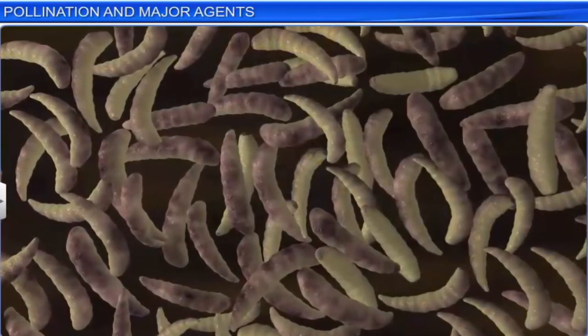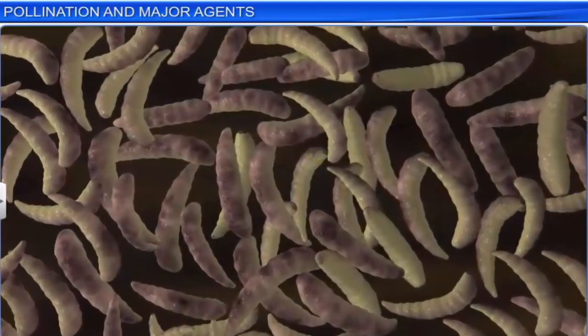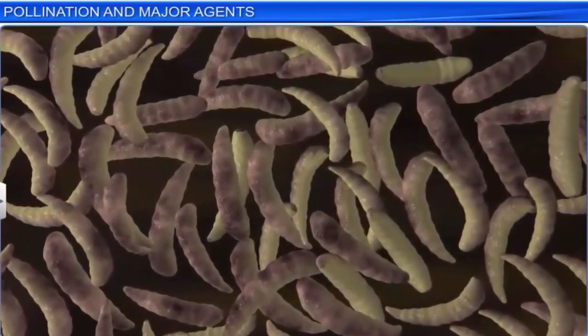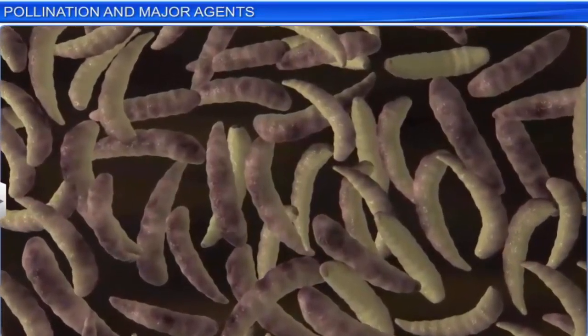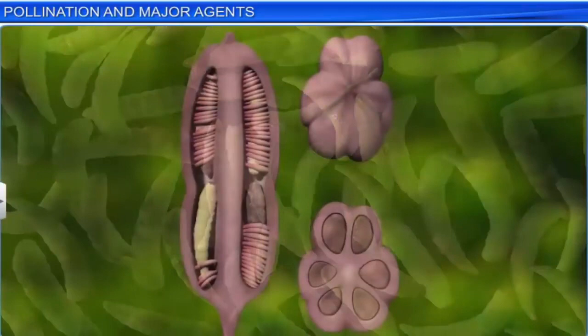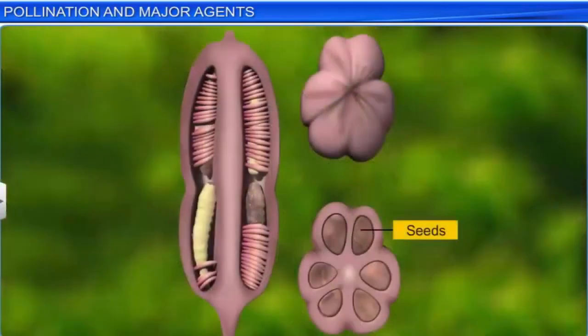The larvae, which hatch out of the eggs, start consuming some of the developing seeds, while leaving enough of them to propagate the plant. Thus, both the moth and the plant are dependent on each other for the completion of their respective life cycles.